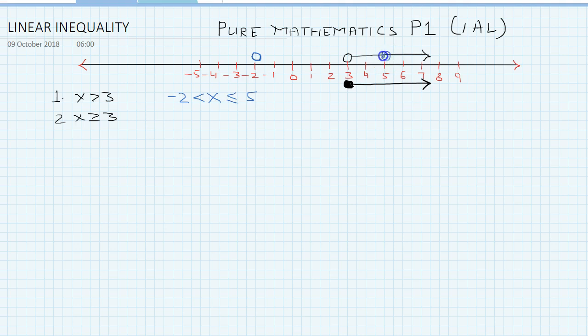So this 5 I have to shade completely. So this is the answer of the inequalities. You can write it like this also: (-2, 5]. So that is the answer. This one is 3.